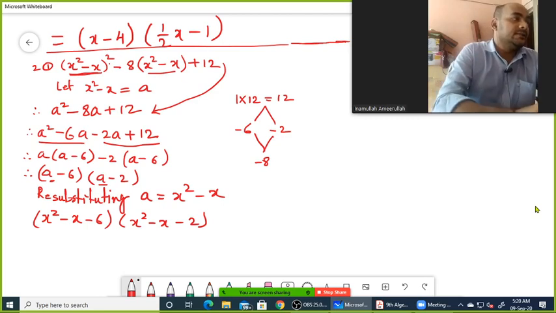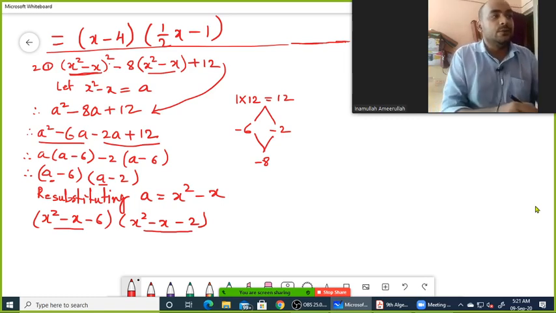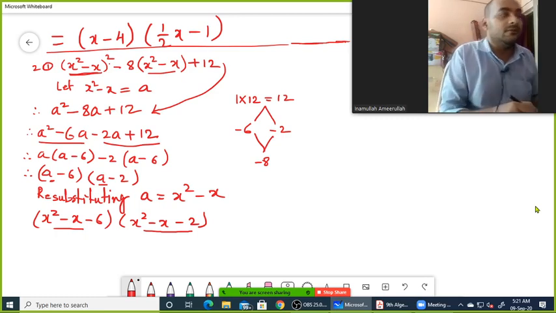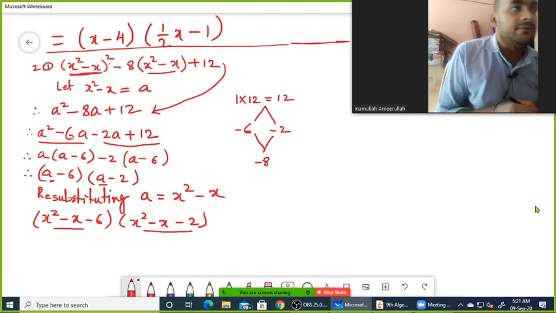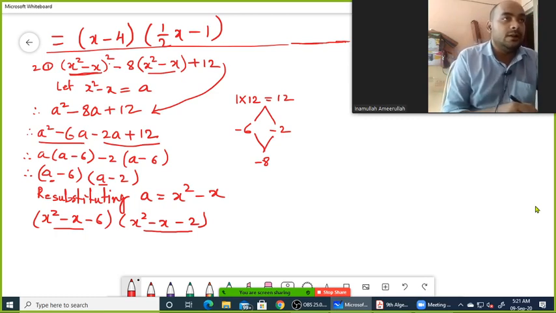This is x square minus x minus 6, which is a quadratic factor. X square minus x minus 2 is also a quadratic factor. So we need to verify whether we can factorize these two quadratic factors or not. If it is further factorizable, then we will do that. Otherwise you can leave your factors there only.